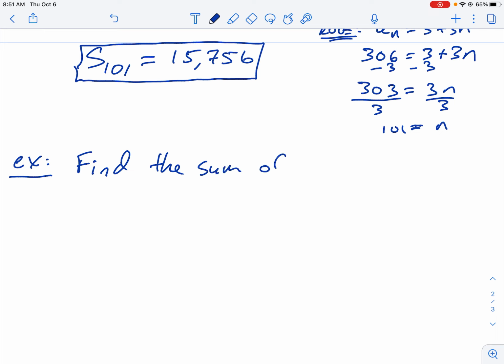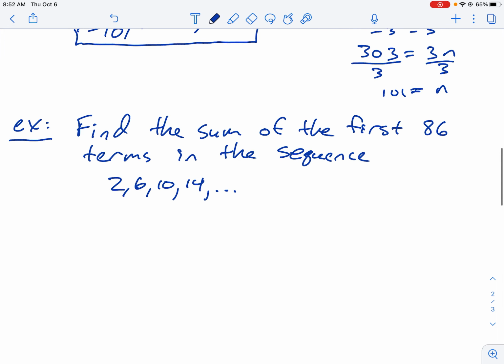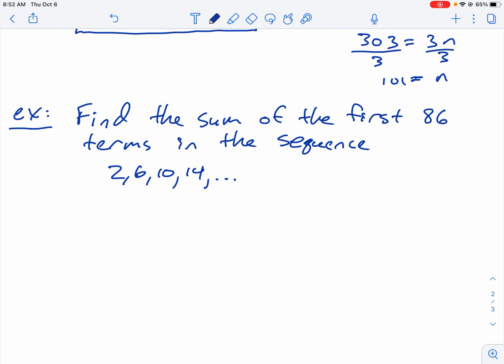Find the sum of the first, let's do 86 terms in the sequence 2, 6, 10, 14, etc. So here's your sequence.